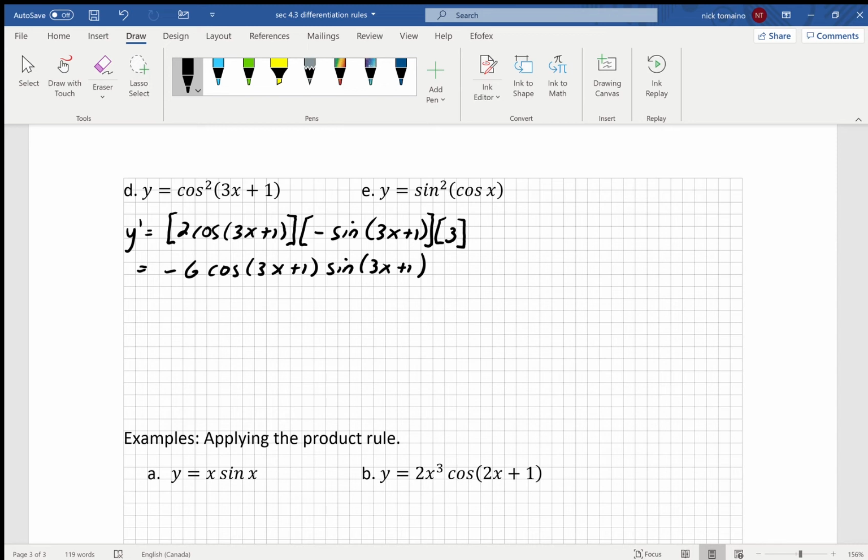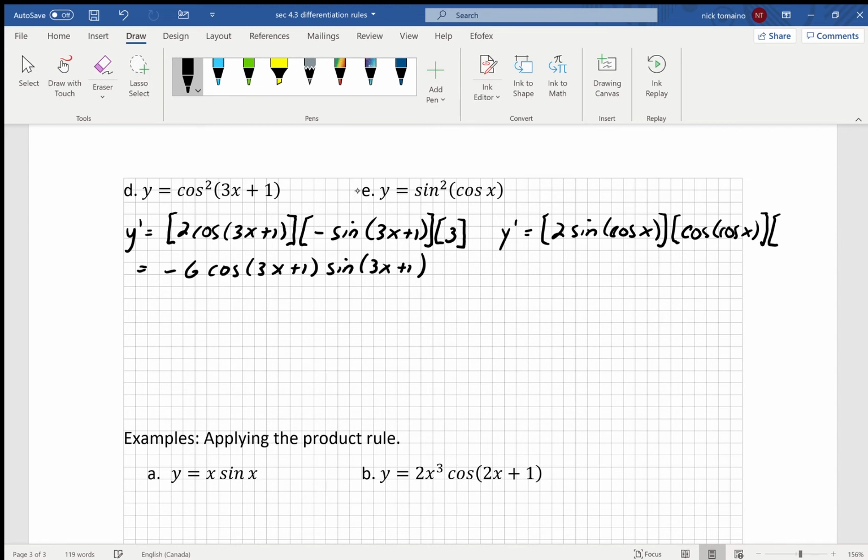Okay, and next one here, you should have space to do it. Y prime is equal to step 1, 2 sine cos x. Step 2, derivative of this, which is cos x.